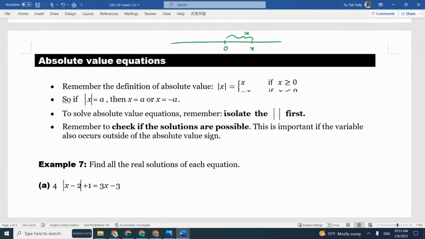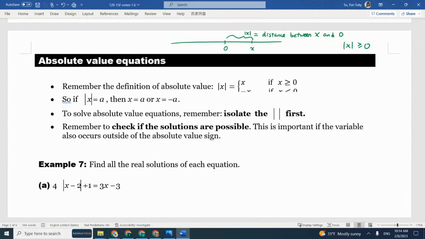Absolute value of x is the distance between x and 0. And then you know distance is always positive or 0. It won't be negative, right? Therefore, the absolute value of x is always greater or equal to 0. Yes, everybody? Absolute value, always greater or equal to 0.